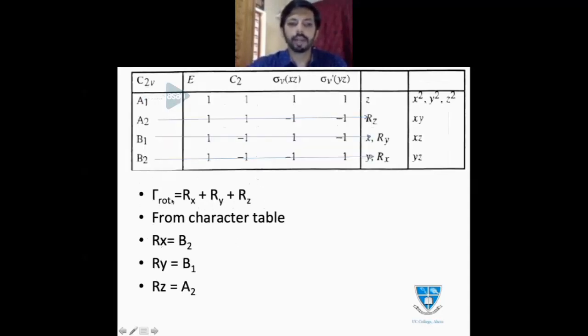In a similar way, the rotation element is Rx plus Ry plus Rz, which we can again determine from the character table. In the third area, there are the Rx, Ry, Rz terms. So Rx is B2, Ry is B1, and Rz is A2.